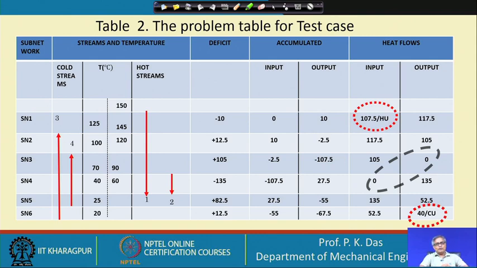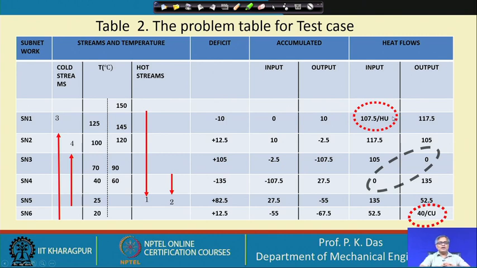Inputs are positive or 0, outputs are also positive or 0. Then what we have given at the input as 107.5 is nothing but a certain amount of energy pumped from outside. So, what is this? This is nothing but your hot utility.